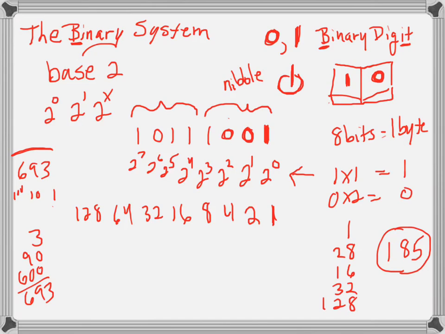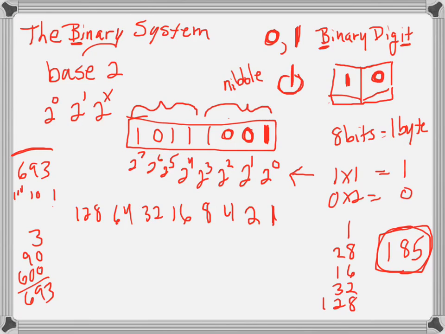So this byte of information is the number 185 if I've converted it to a decimal type number. 185. So that's how you convert binary numbers to decimal type systems.